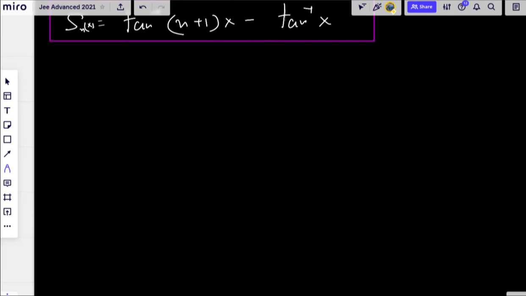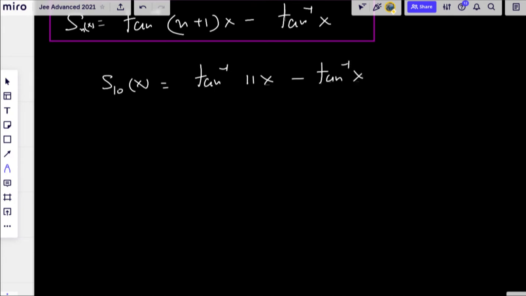So S10 of x is tan inverse 11x, when we put 10 plus 1, that is 11x simply, and minus tan inverse x.